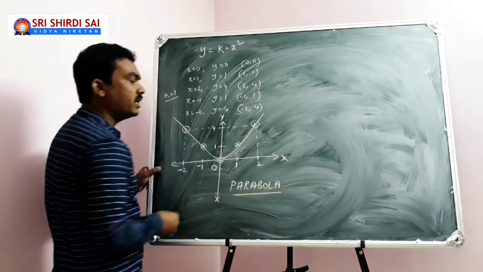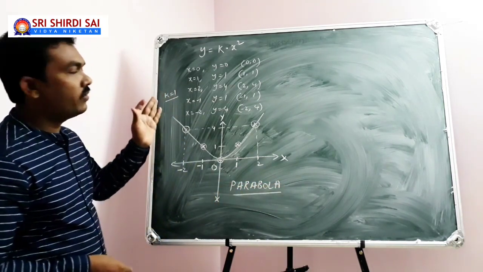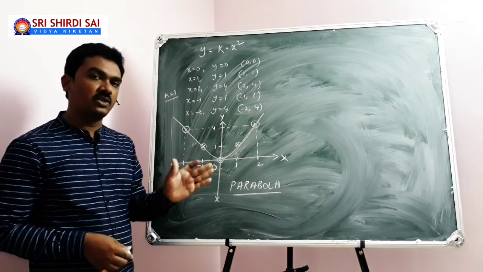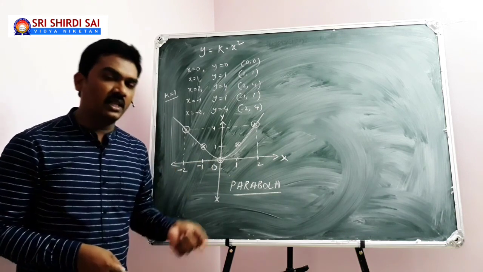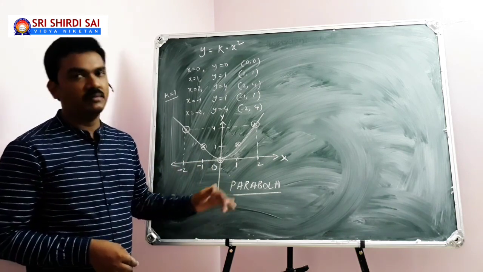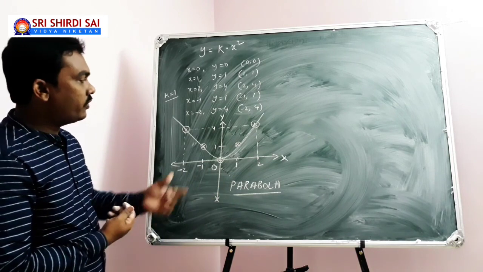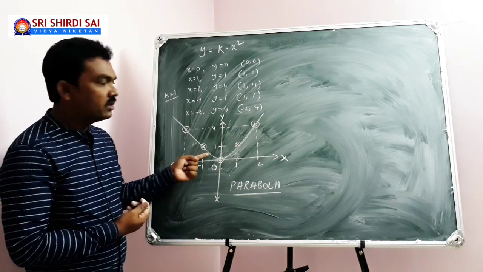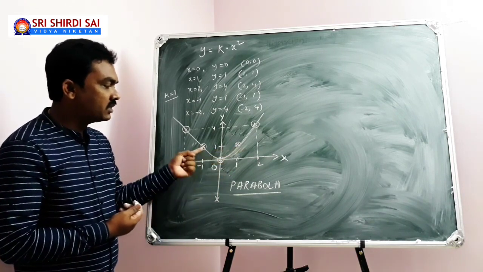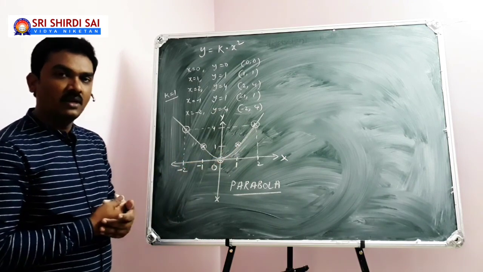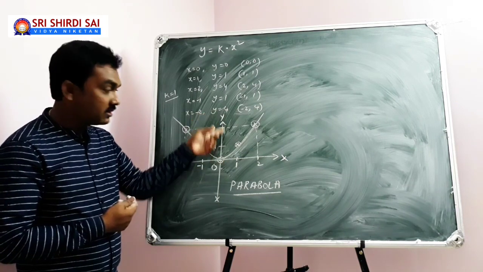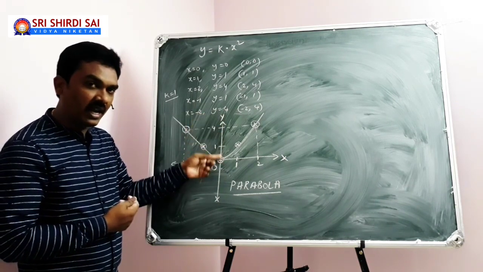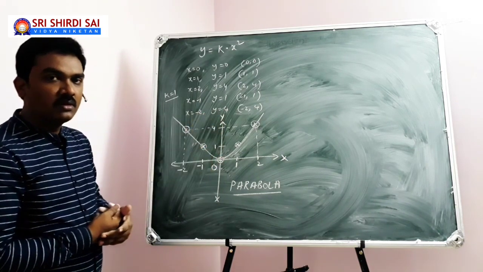So whenever the mathematical equation is of the form y equal to k into x square, your graph is a curve and the curve is a parabola. If you look at this particular curve, you see this curve is passing through origin, and moreover this curve is symmetric about the y-axis.